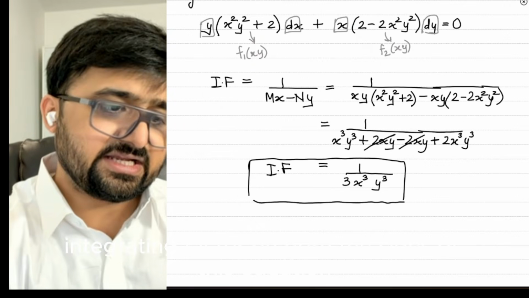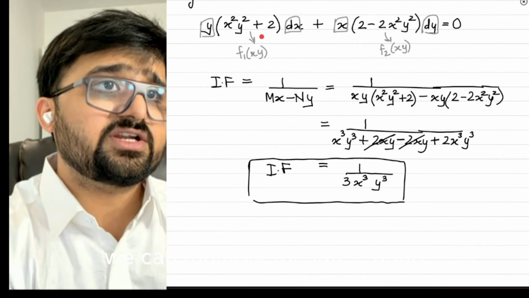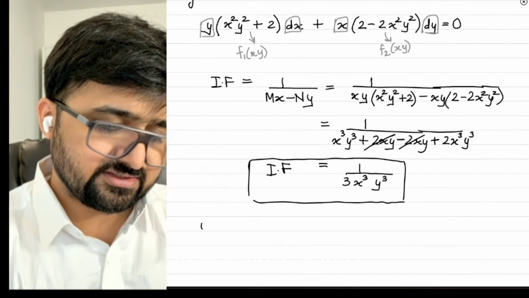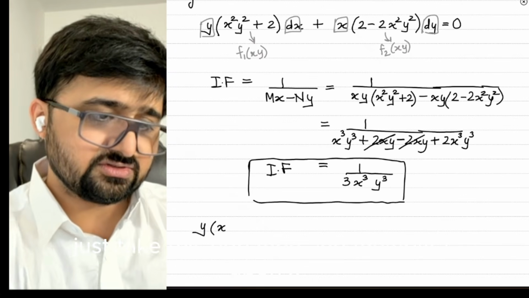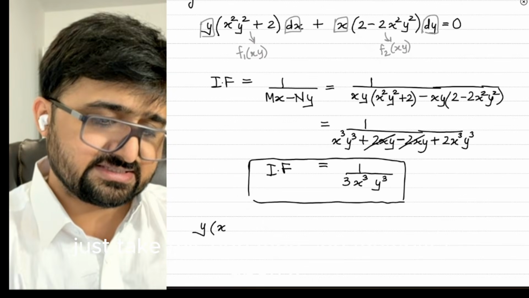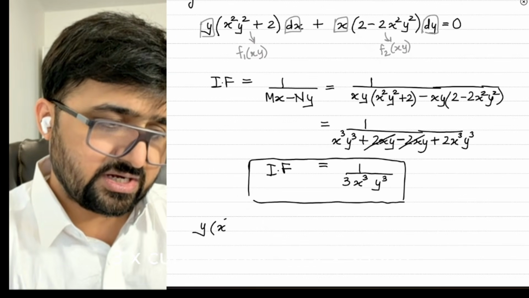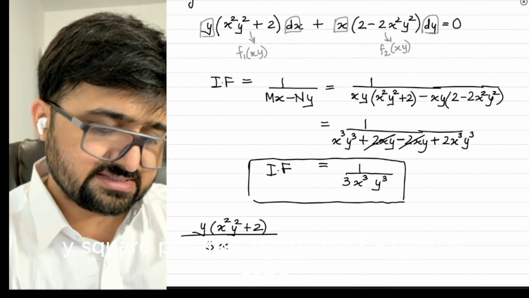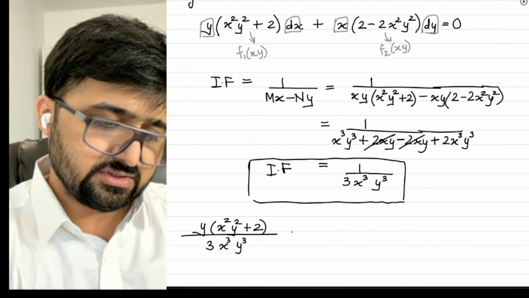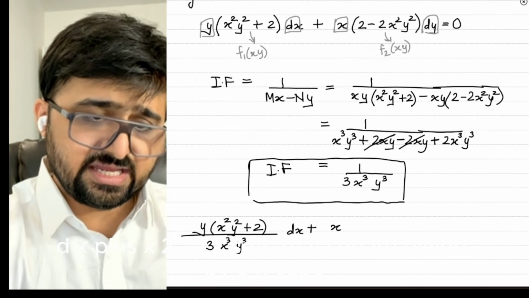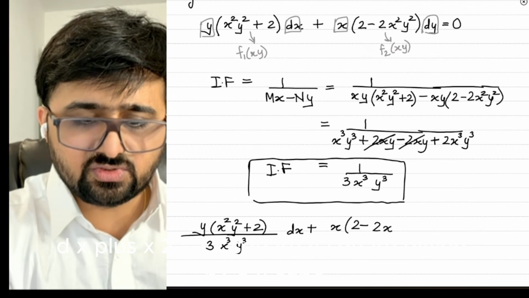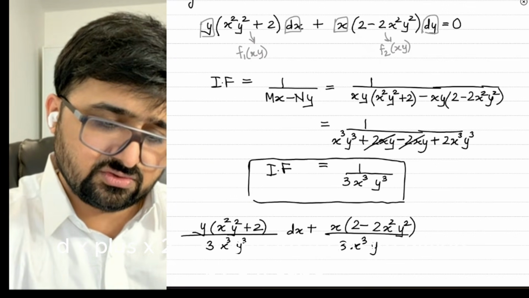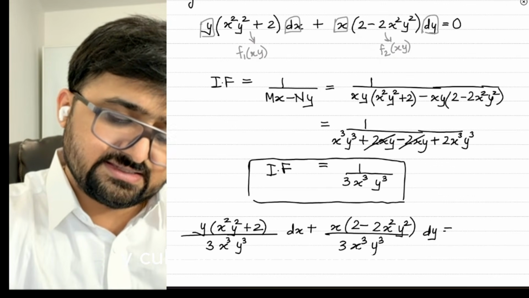Now we can multiply the integrating factor on both sides of this equation. So just take this equation and multiply by 1 upon 3x³y³. So you have y(x²y² + 2) divided by 3x³y³ dx plus x(2 − 2x²y²) divided by 3x³y³ into dy is equal to 0.